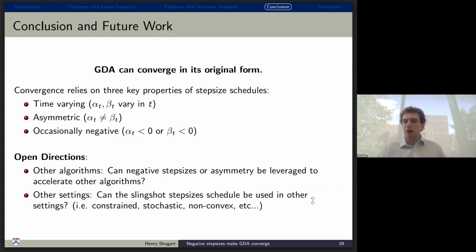So at least there are a couple of heuristics that tell us that the reasons you might do negative step sizes in min-max optimization don't really carry through to minimization. Although I do think it's an interesting question that I haven't fully closed, whether there's some benefit in minimization of doing negative step sizes.